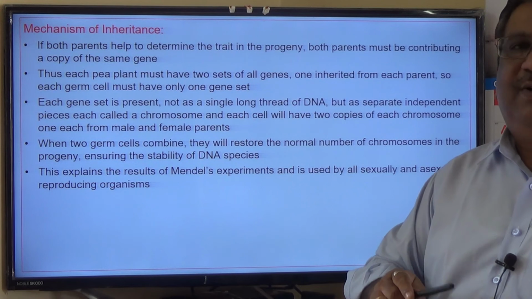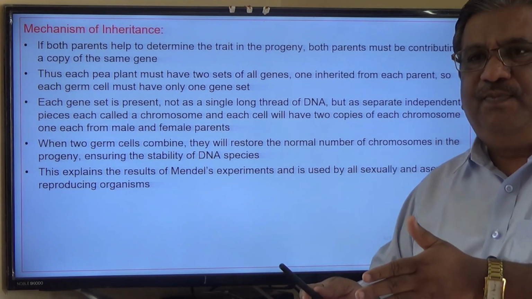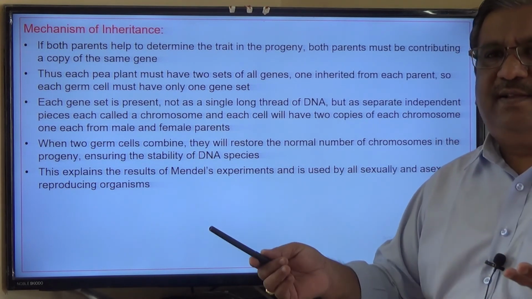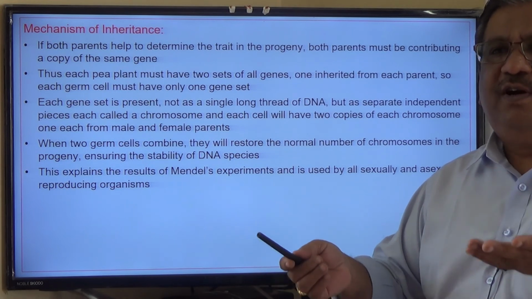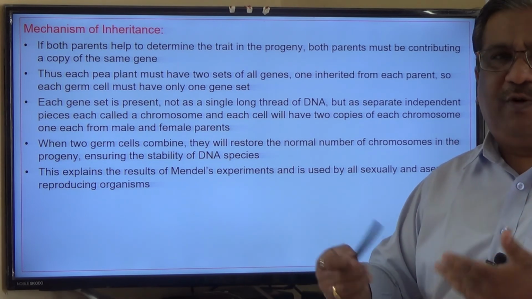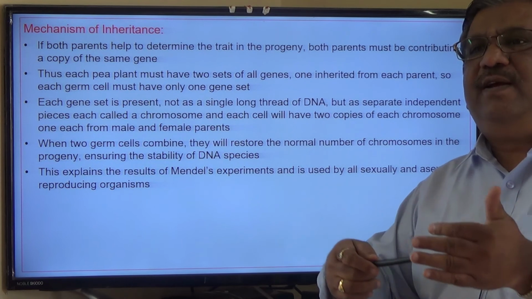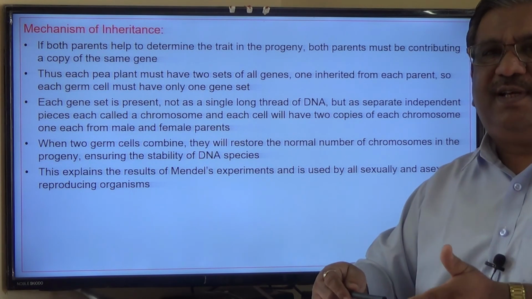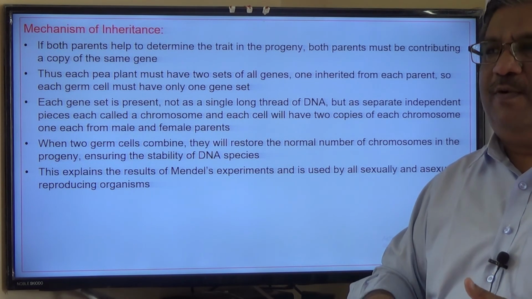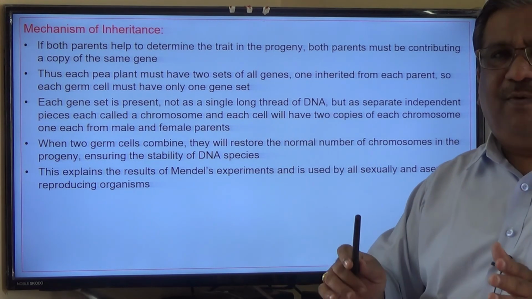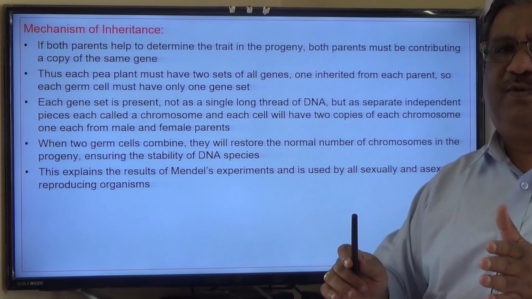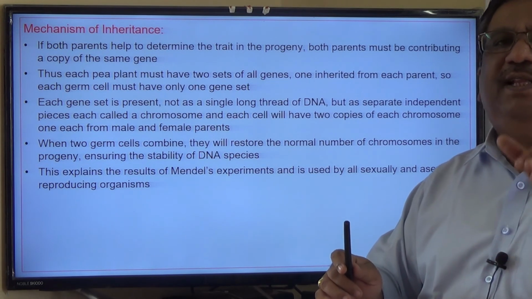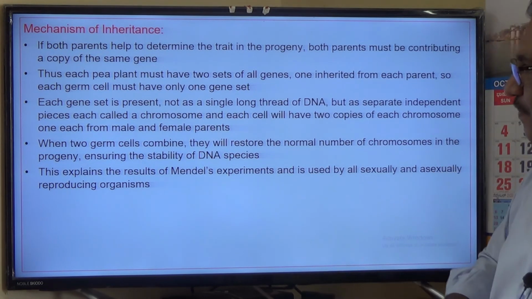When the sperm fuses with the ovum, 23 plus 23, in a new zygote 46 chromosomes are restored. And thus the stability of the DNA, and hence the stability of a particular species, is ensured. Therefore the gametes will have half the number of chromosomes as that in the parents. You must remember that.